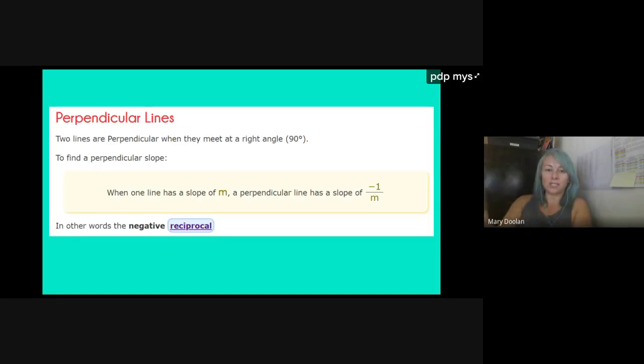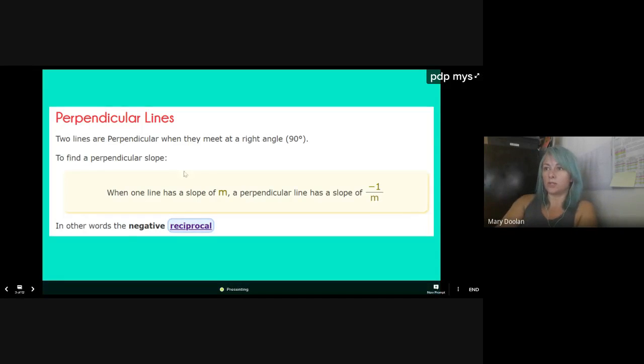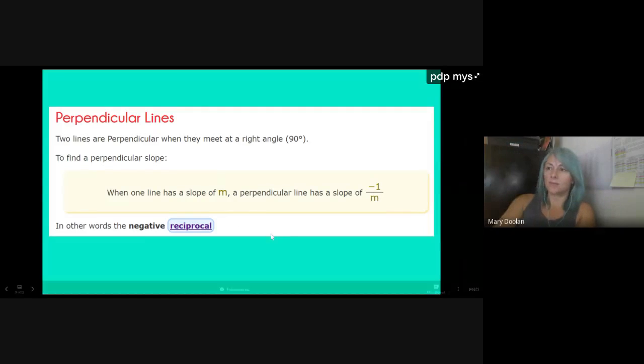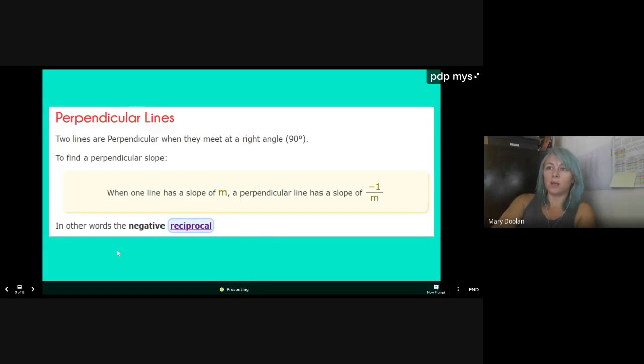And then changing the sign is what else you want to do. So we started with positive m, and that was an integer. Think of it as being over 1. You would then flip it to be 1/m and change it to a negative. If m was a fraction, like 1/3, then when you flip it, you would get 3/1. Okay, so reciprocal means to flip it, and then negative or opposite, you got to change the sign.